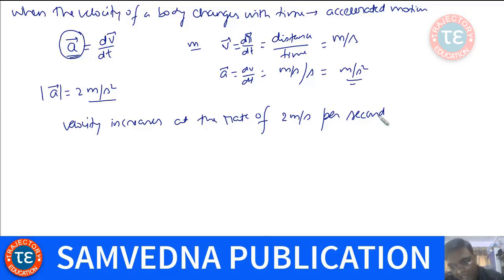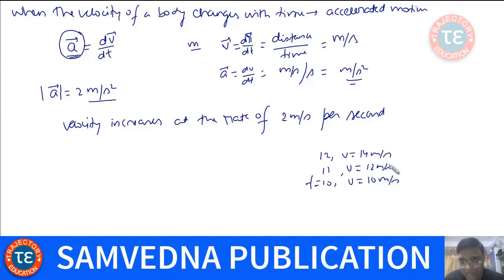If it is 10 meter per second right now, then after 1 second it is going to be 12 meter per second, and the next second 14 meter per second. After 3 seconds it is going to be 16 meter per second. So in this way velocity is increasing. That means at t equal to 10 second the velocity is 10 meter per second, at 11 second it is 12 meter per second, and at 12 second it is 14 meter per second.